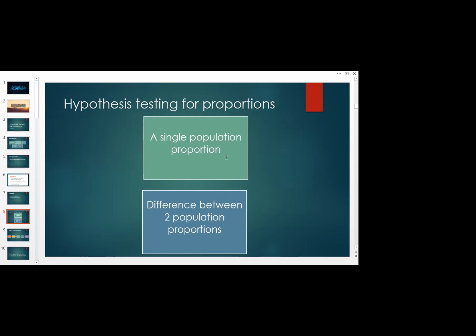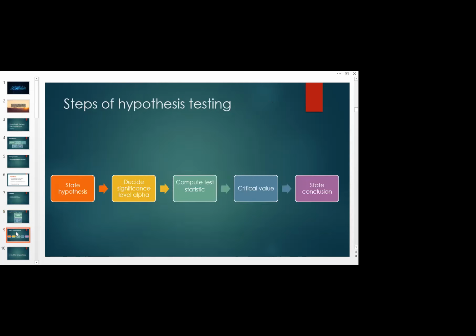So this is hypothesis testing for a single population proportion. In the second scenario, we can take two samples and check the difference between two population proportions by using z-test for proportions.